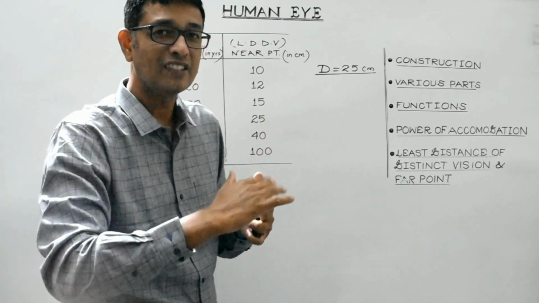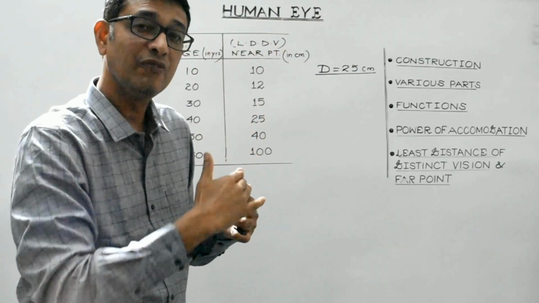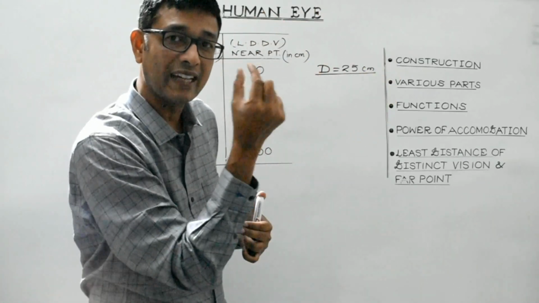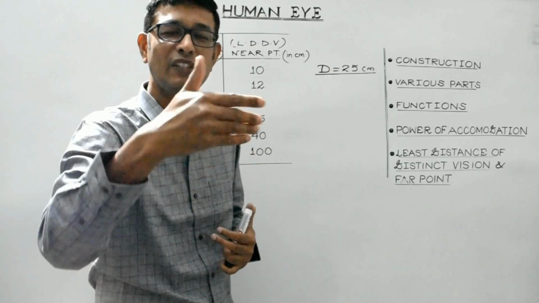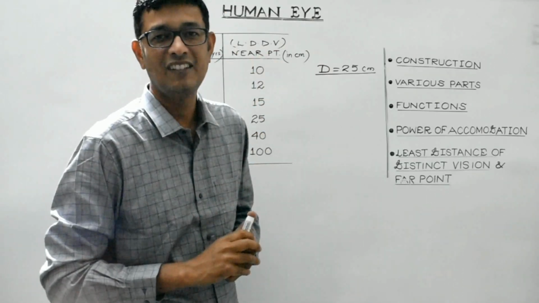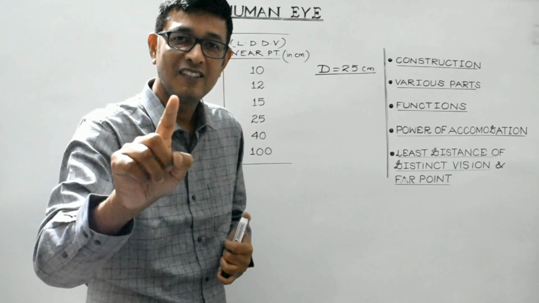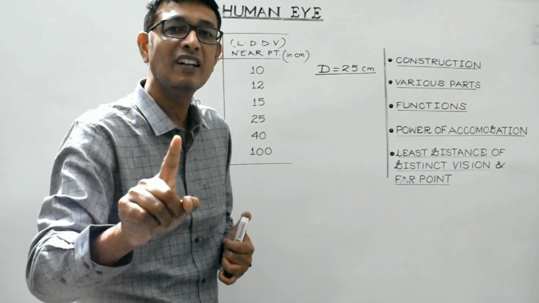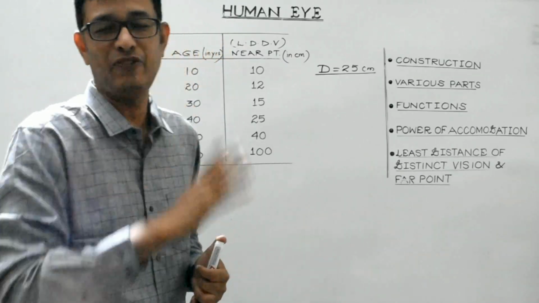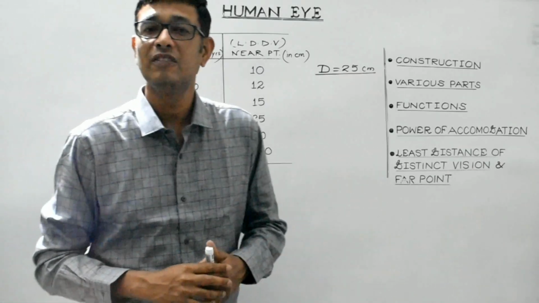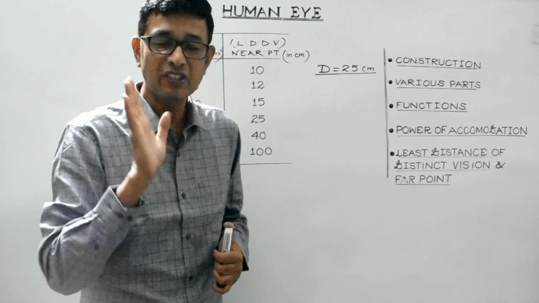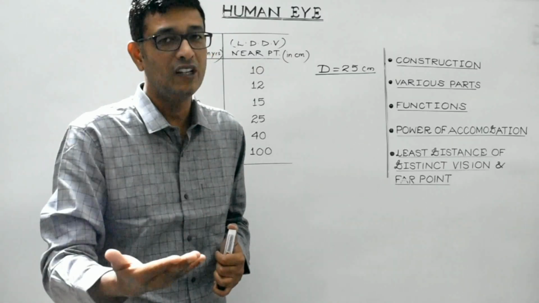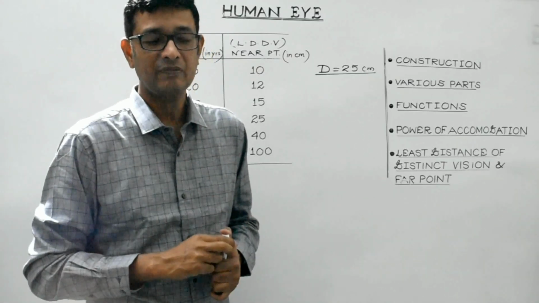So whenever the distance of the object from the eye is very large as compared to the dimensions of the eye, that distance may be considered to be very large and infinite. So in that respect, the far point of a normal eye is considered to be infinity. So students, for a normal eye, L.D.D.V, that is near point, is 25 centimeter and the far point is infinity.